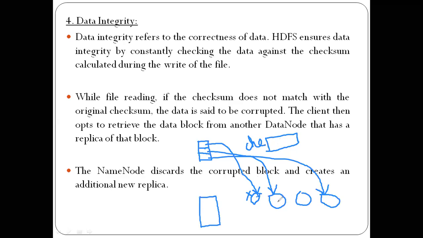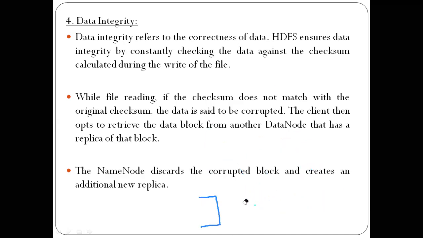That data block is again taken and the checksum is compared. If the checksum matches, it means no corruption, so access to the file is given to the client. Clear? Like this, HDFS uses the checksum concept to give data integrity.